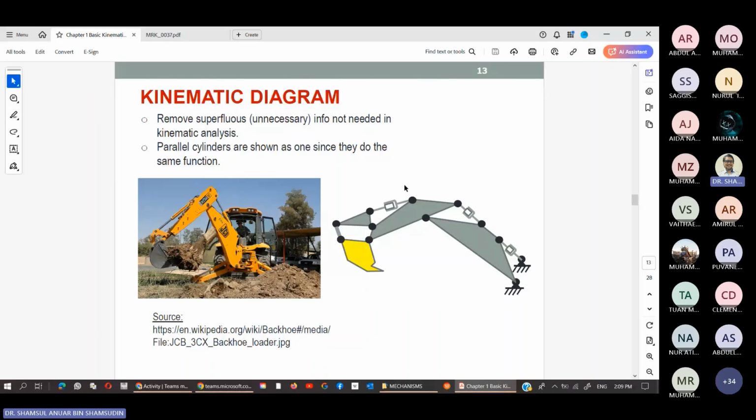Penggerak, in Malay we call it penggerak. So the other, more popular types of actuator is the motor, electric motors especially.